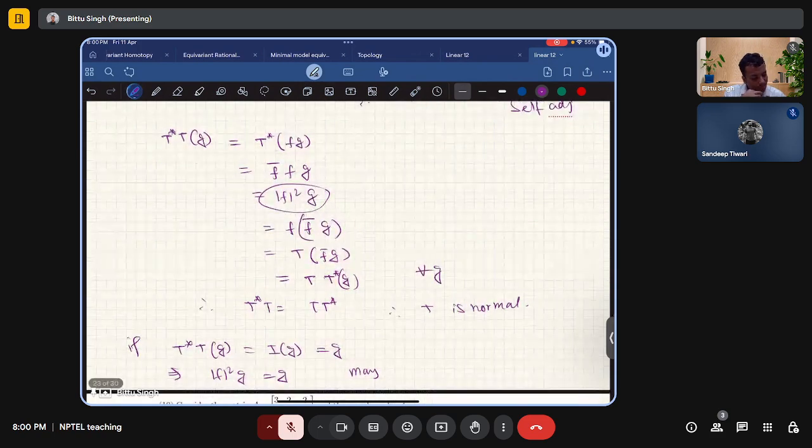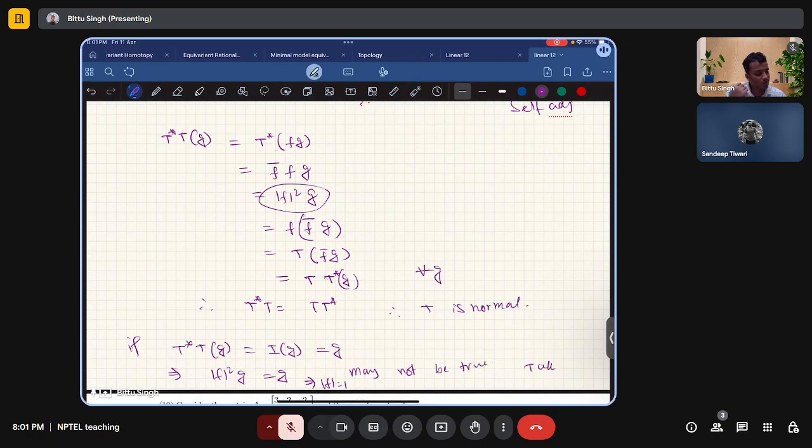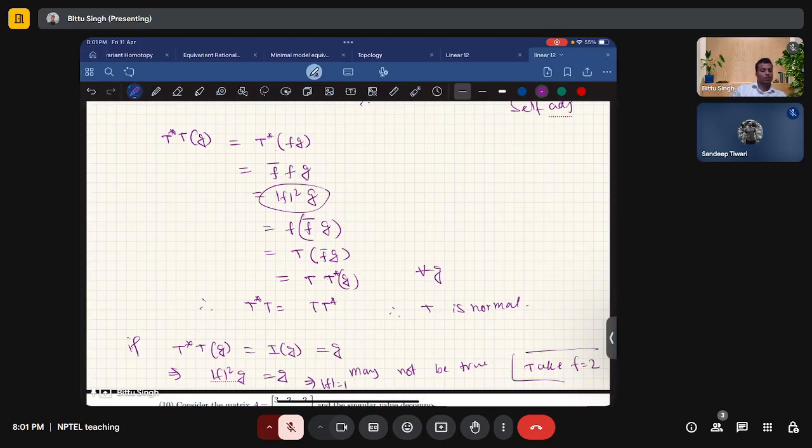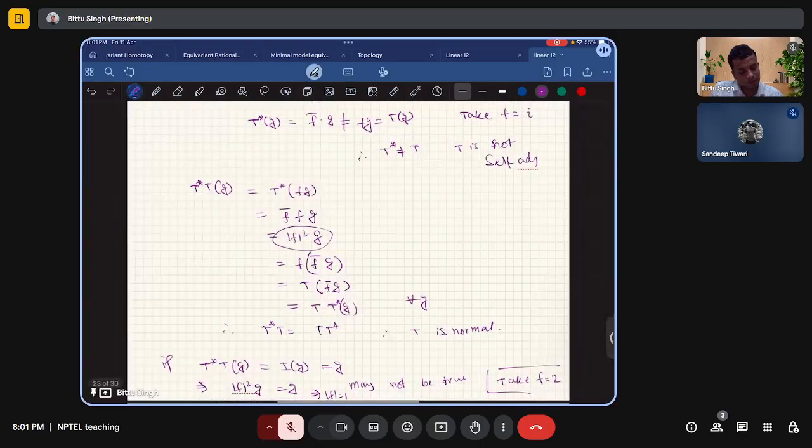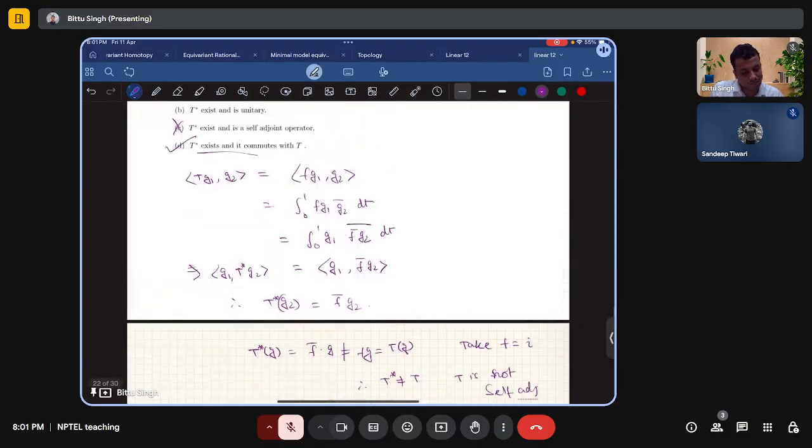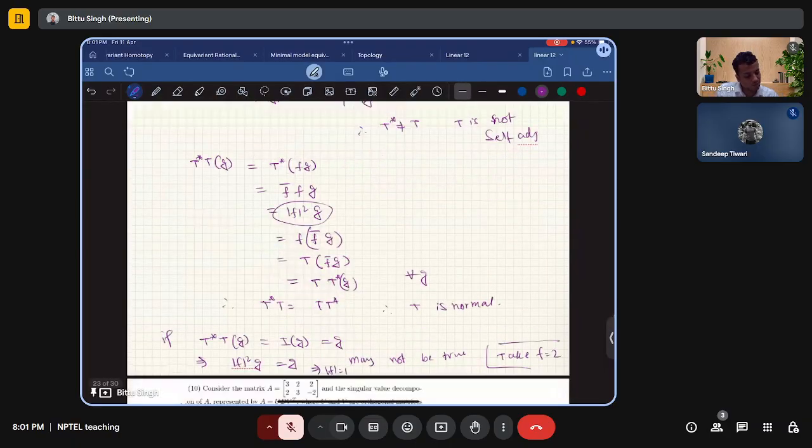That actually means mod f is 1, which may not be true. Take the constant function f equal to t. So again, this is not unitary. So this option is false.